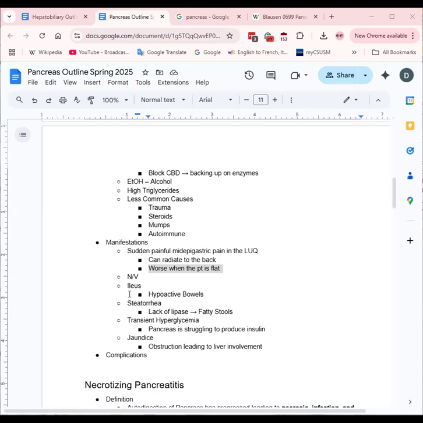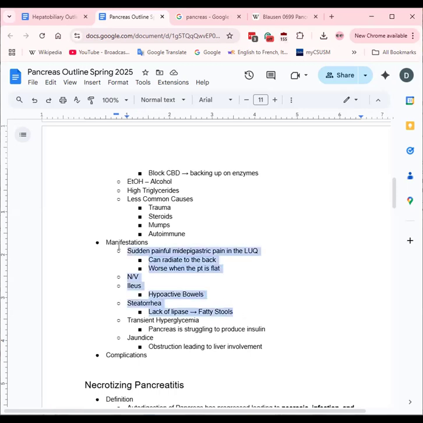It's causing nausea and vomiting, so they can throw it all up. They have slower bowels, hypoactive bowels. They have fatty stools. They're not going to tolerate anything by mouth, and eating by mouth is going to make it worse. It's going to make the pancreas keep acting up.